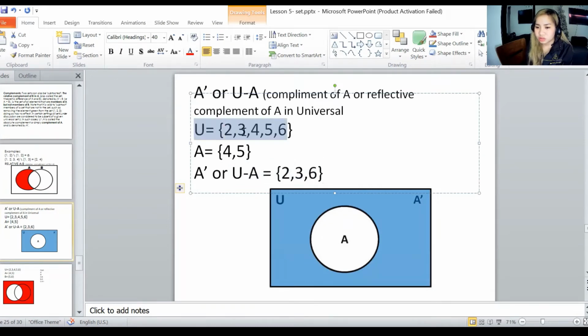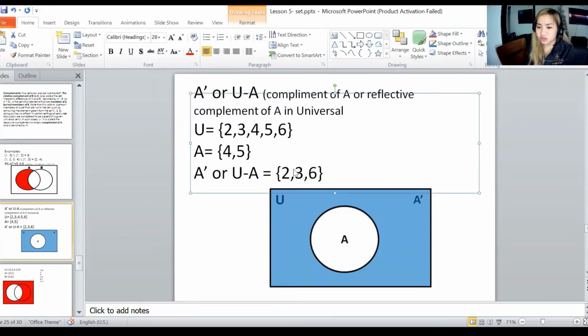Bakit po naging 2, 3, 6? So, titingin muna tayo dito sa universal. And then next natin tingnan is yung elements under ni set A. Sabi natin kanina kapag nakita natin tong A apostrophe or U tapos may minus na A, ibig sabihin magbe-base tayo dun sa universal. So, ang universal natin is 2, 3, 4, 5, 6. Ang set A natin is 4, 5.